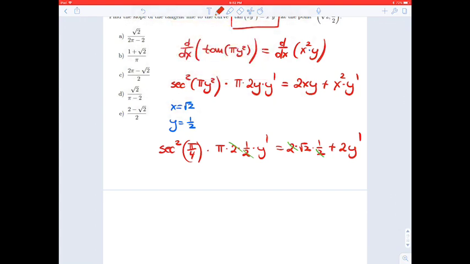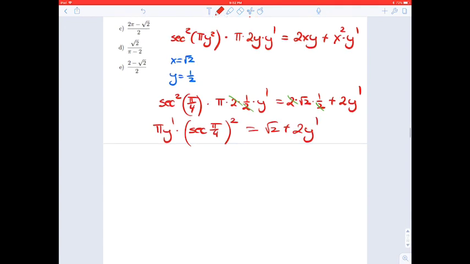What's left? Pi y prime, and then secant at 45 squared, square root of 2 plus 2 y prime. Pi y prime. We still need a value.